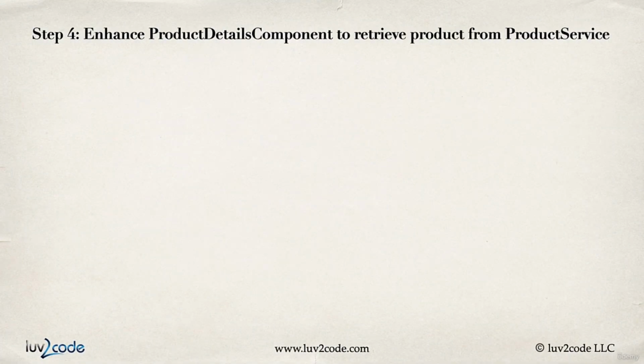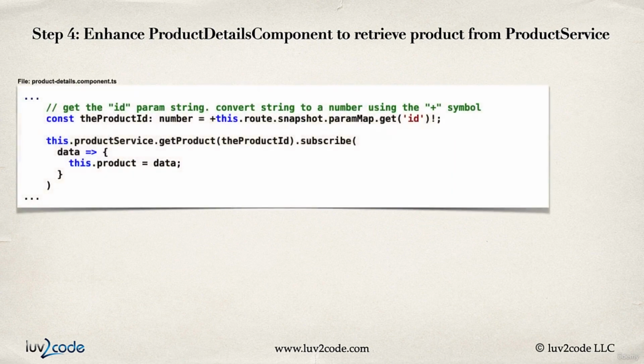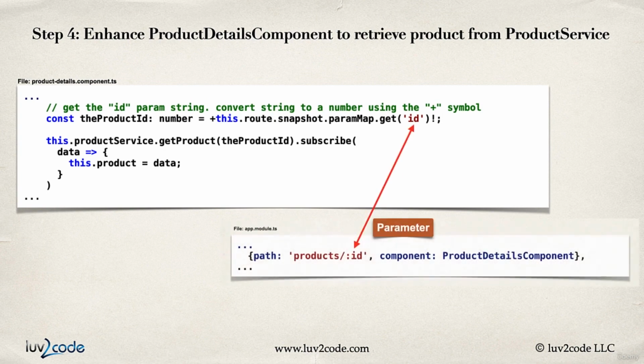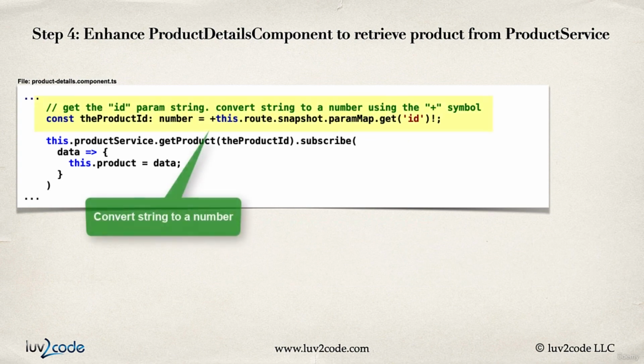Then in step four, we're going to enhance the product details component to retrieve the product from product service. So the first thing we do is we get the ID parameter string. We do that by saying paramMap.get('id'). And remember, we set up this given parameter name based on the app module TS when we set up the given route. And then we do the normal stuff here of converting the string to a number using the plus symbol.